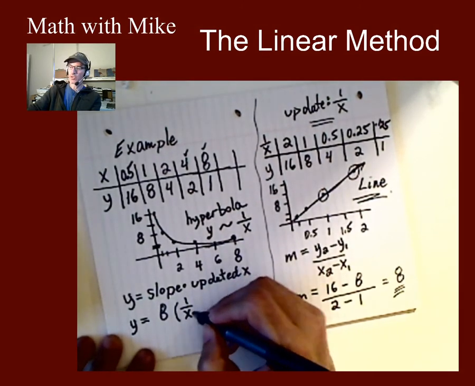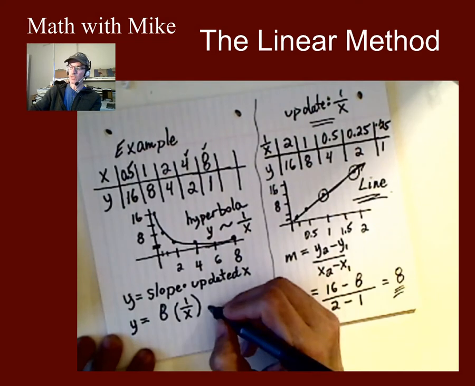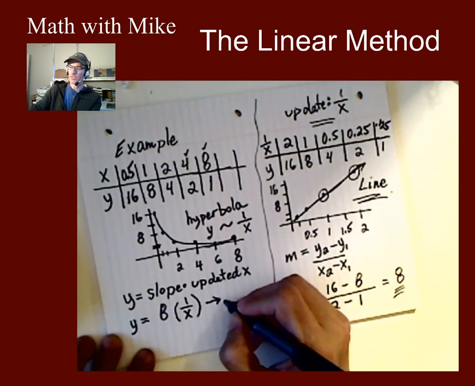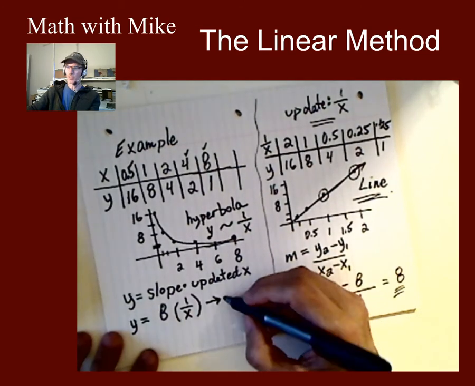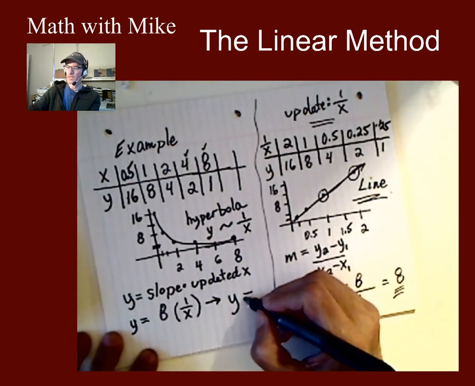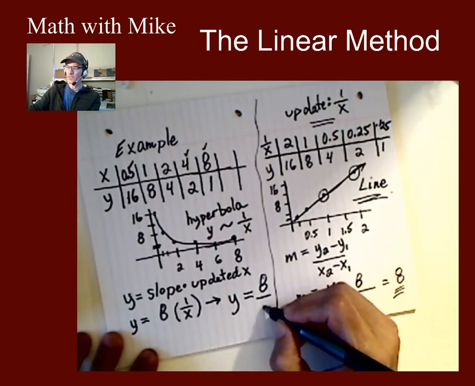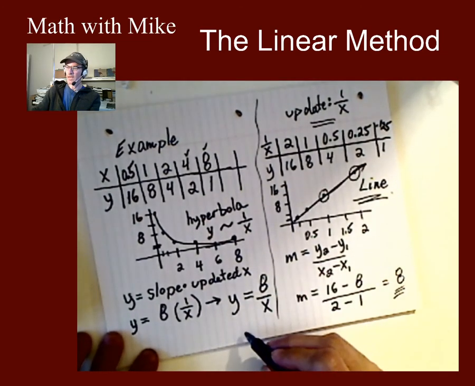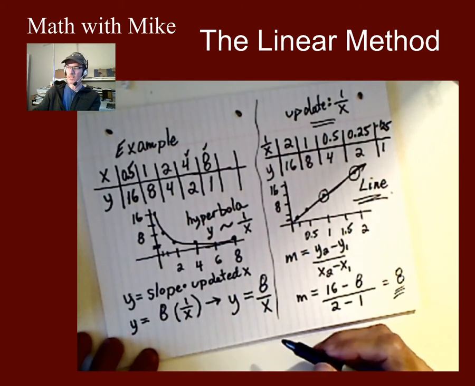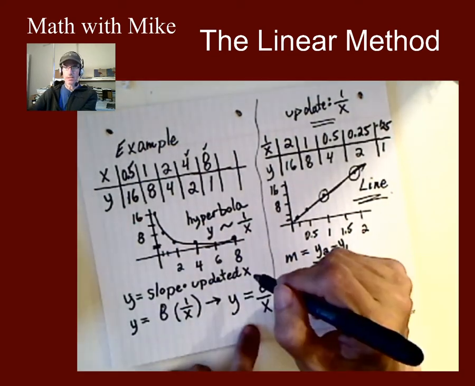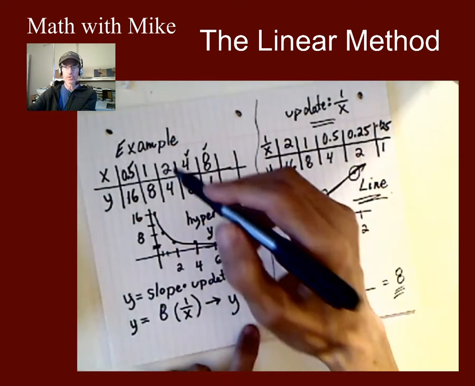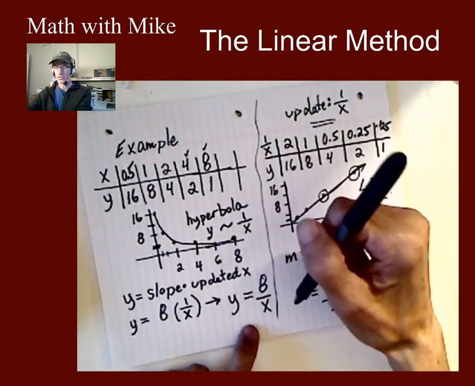And I would show it first and then do it later. So I show that we put it in place. Then, of course, update this so that this looks like a normal equation. Y is equal to 8 over x. I want to do that, but as I was thinking, you can always check along the way with the original data. This is the equation for the original data, so it should work.